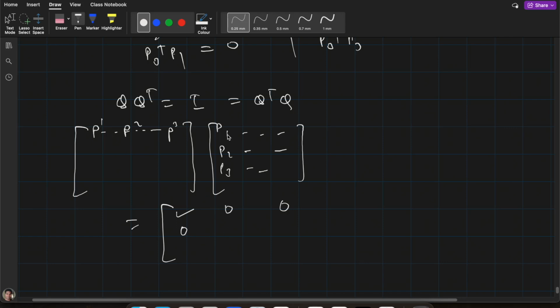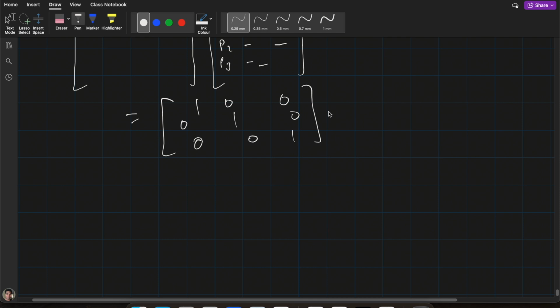Similarly 0, and with this that will be 1. So that's why you are getting the identity matrix. Fine? So that set will be called what? Orthonormal set, and that matrix will be an orthogonal matrix. And you will always get an orthogonal matrix when the matrix is symmetric. Fine? Okay. Now next theorem.